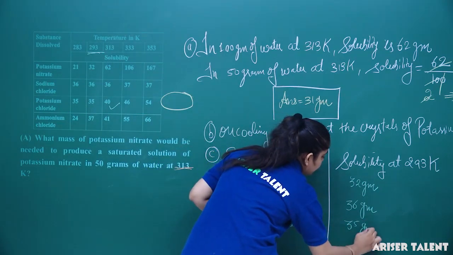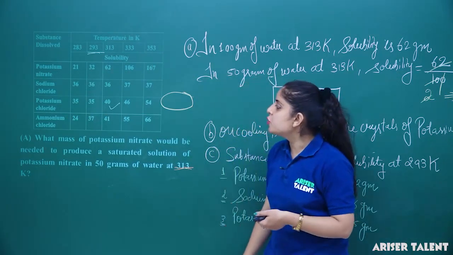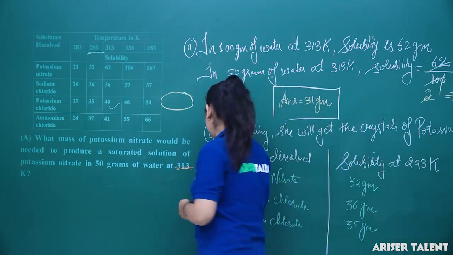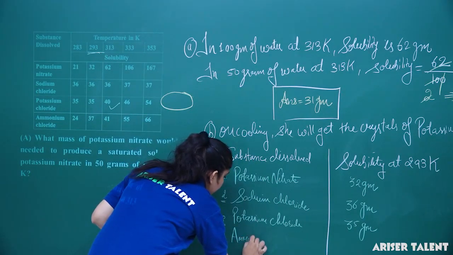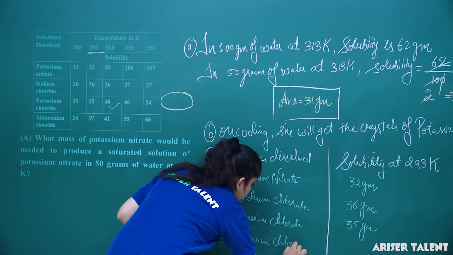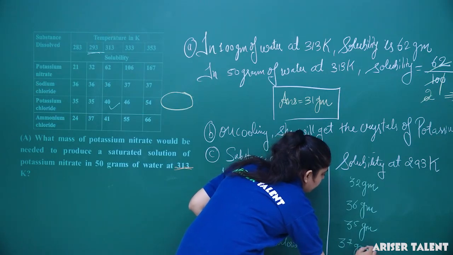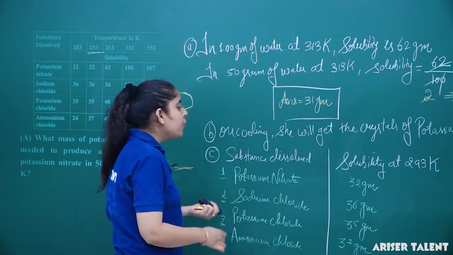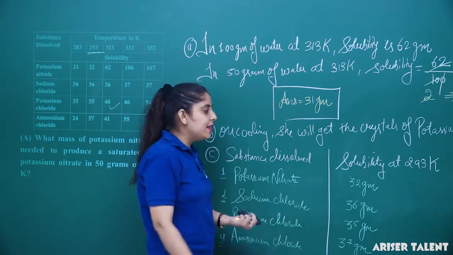Next one is ammonium chloride, which is having a solubility of 37 gram.